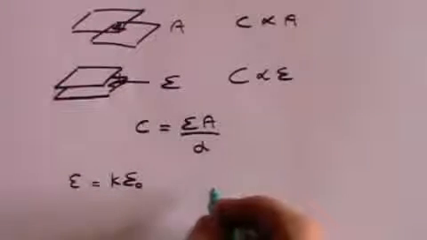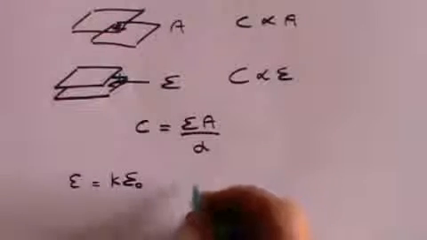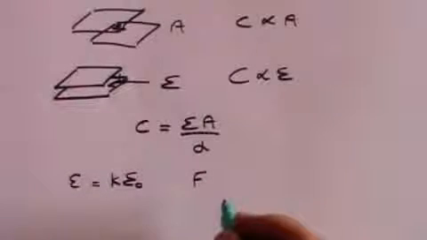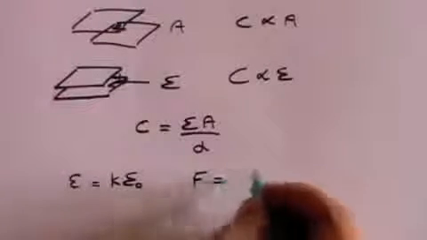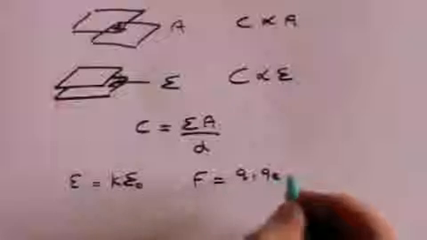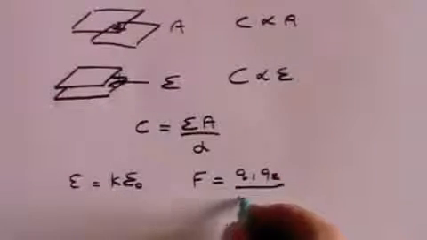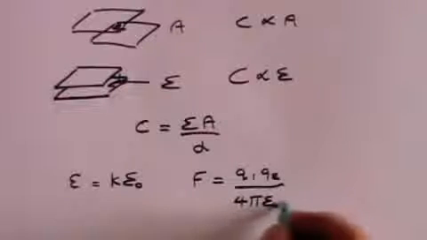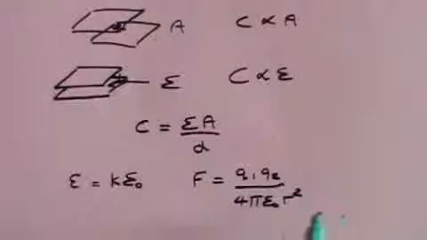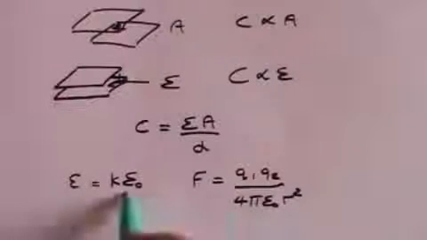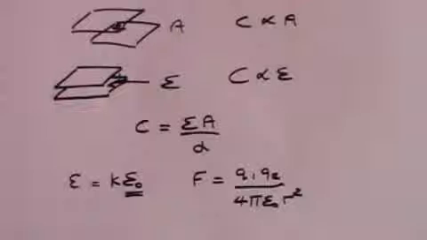We've met this before in the formula which tells you the force between two charged particles. The force is equal to Q1 Q2, where Q1 and Q2 are the charges on the two particles, divided by 4 pi epsilon naught r squared, where r is the separation of the two charges and epsilon naught is the permittivity of free space.